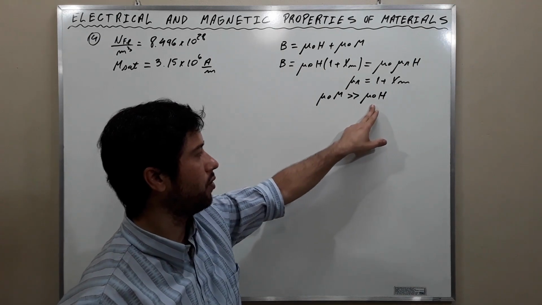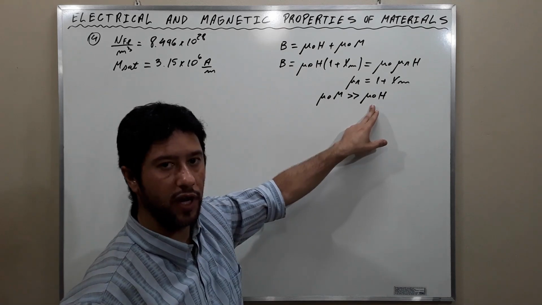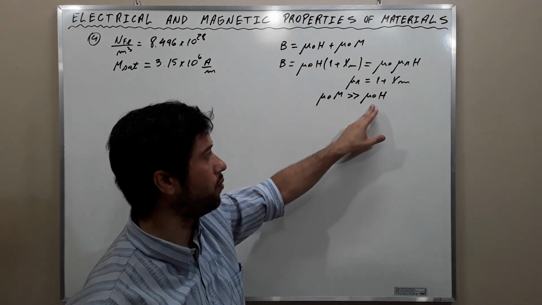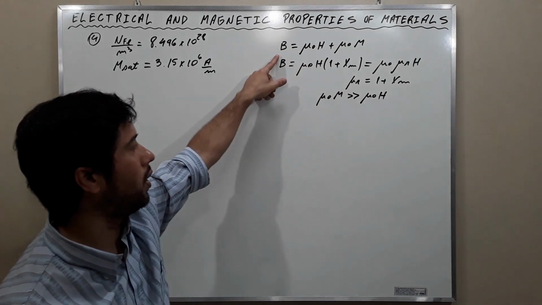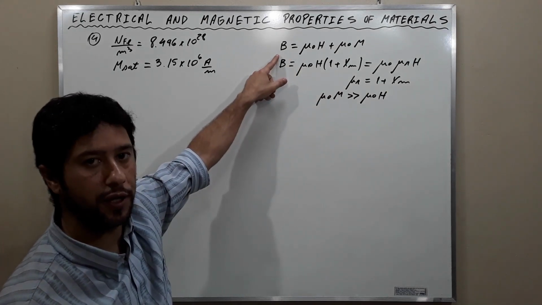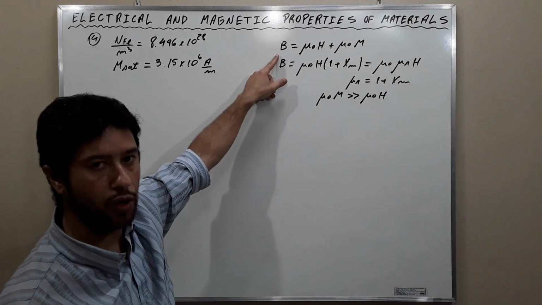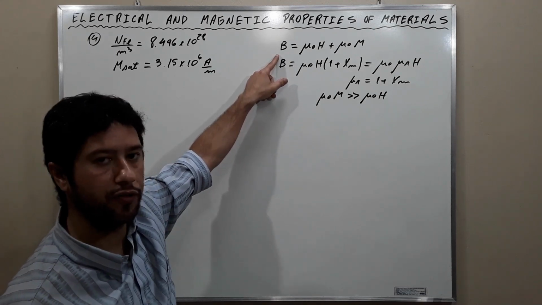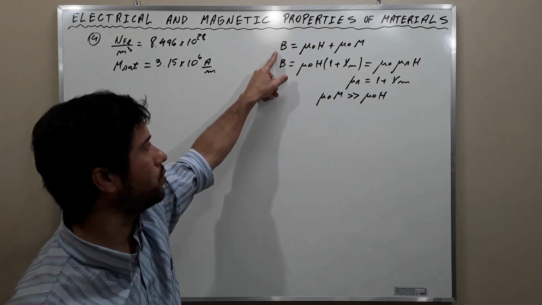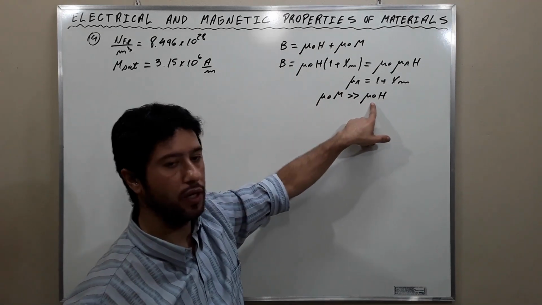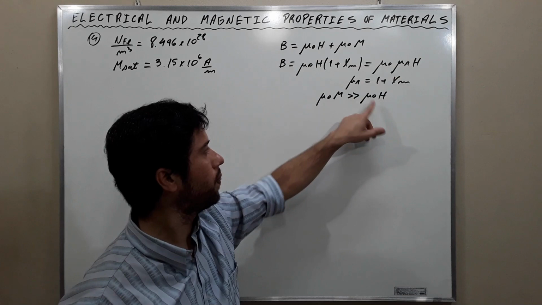This means the magnetic flux density without a core. In free space, for example, this is a magnetic flux density without a core.